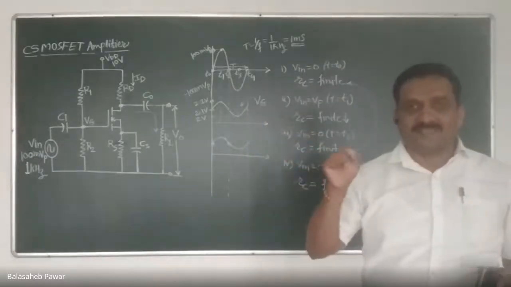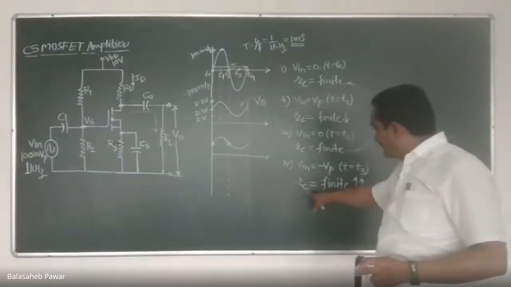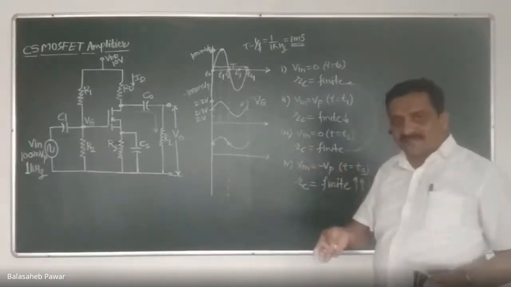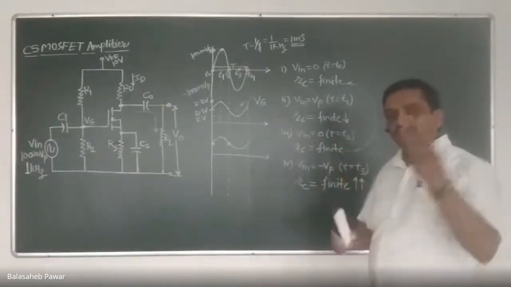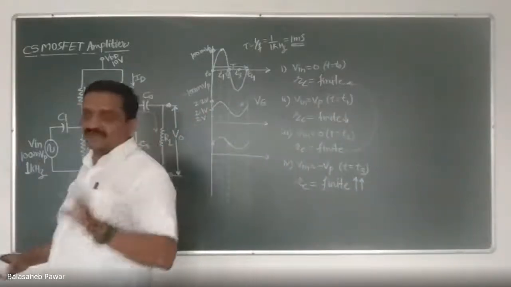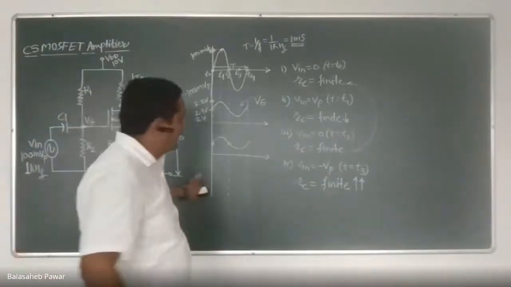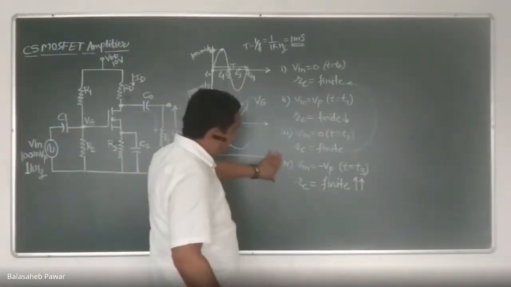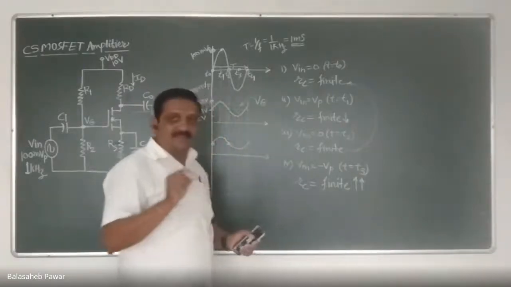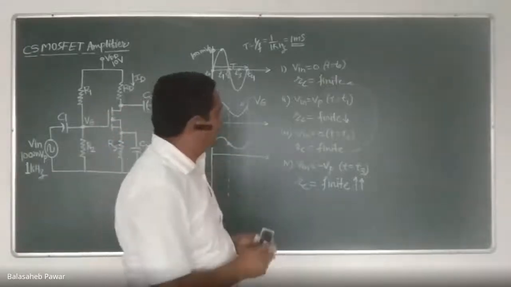In the second case, Vg becomes 2.2. And in the next case, whenever Vin reaches its negative peak, Vg becomes only 2 volts. So it is the lowest gate voltage, but not 0. Greater than Vt, but the lowest one, right? So as Vg becomes 2 volts, the channel resistance will be finite, but somewhat more than in the previous cases.